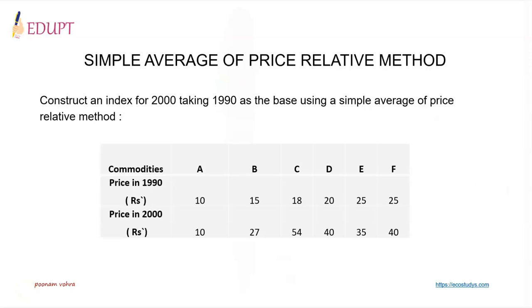Now have a look at this illustration. For similar information, that is commodity prices in 1990 and prices in 2000 are given for 5 commodities. You need to construct an index for 2000 taking 1990 as the base year using the simple average of price relative method.